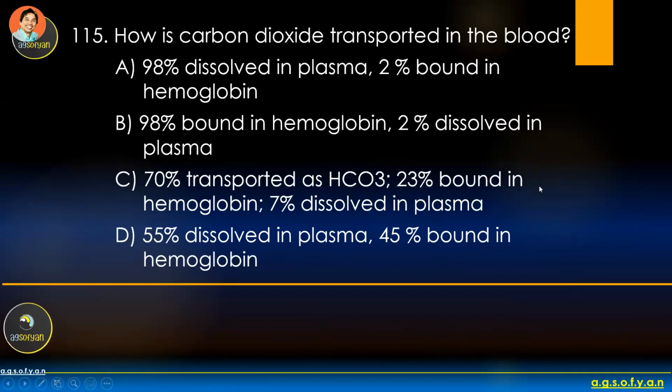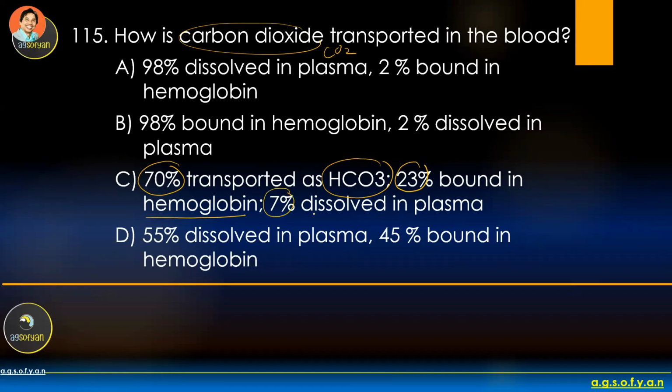How is carbon dioxide transported in the blood? After coming from the capillary, there will be more carbon dioxide in the blood. So where will it be located mostly? 70% will be transported as bicarbonate ions, and then 23% will be bound to hemoglobin.